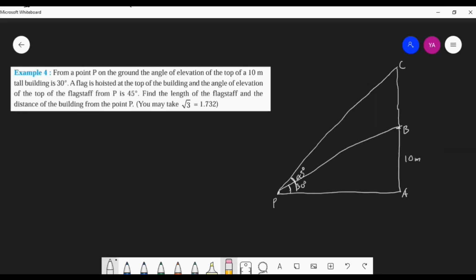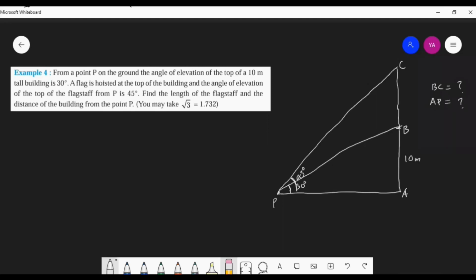The question is to find the length of the flagstaff and the distance of the building from the point P. We want to find two things: BC, this length, and AP, the distance from the building to the point P. Two right triangles are there.